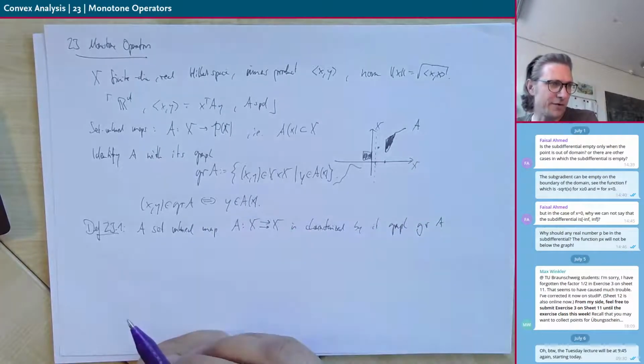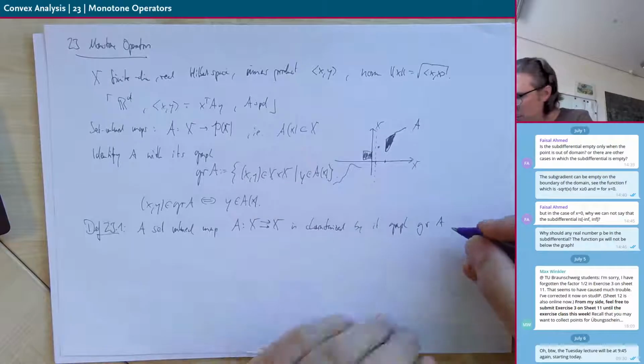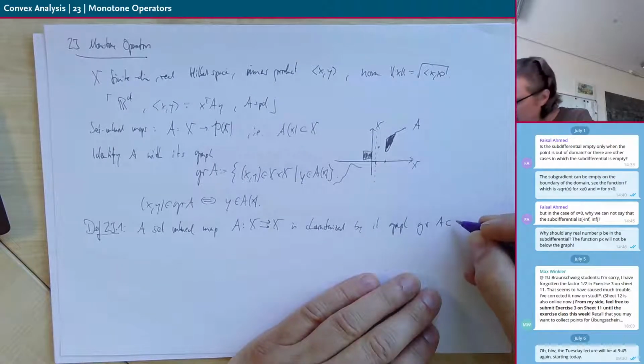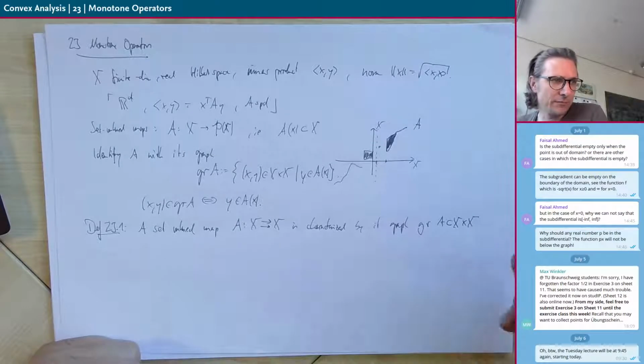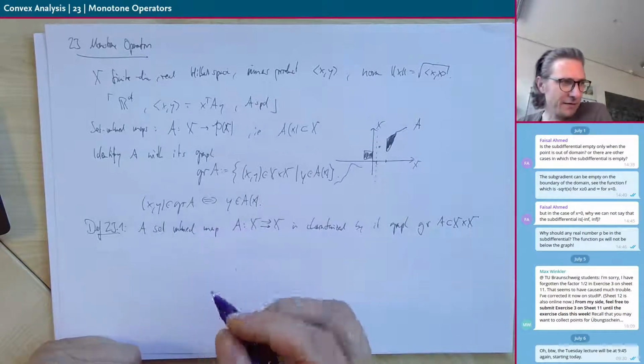This is the definition that is up there, a subset of X times X. So when you write this, you already have this.